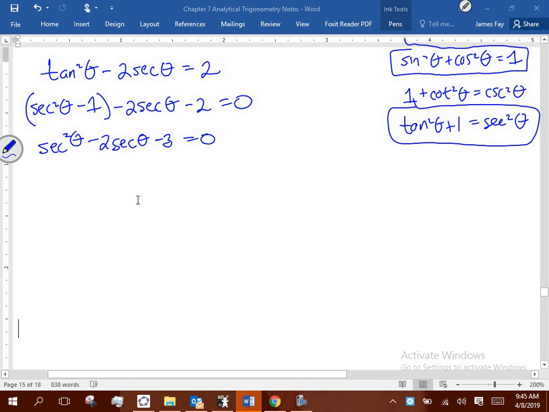Can we factor that thing? Yeah, this is an easy factoring. So this is like x squared minus 2x minus 3, right? So that's going to factor to secant theta minus 3 and secant theta plus 1.